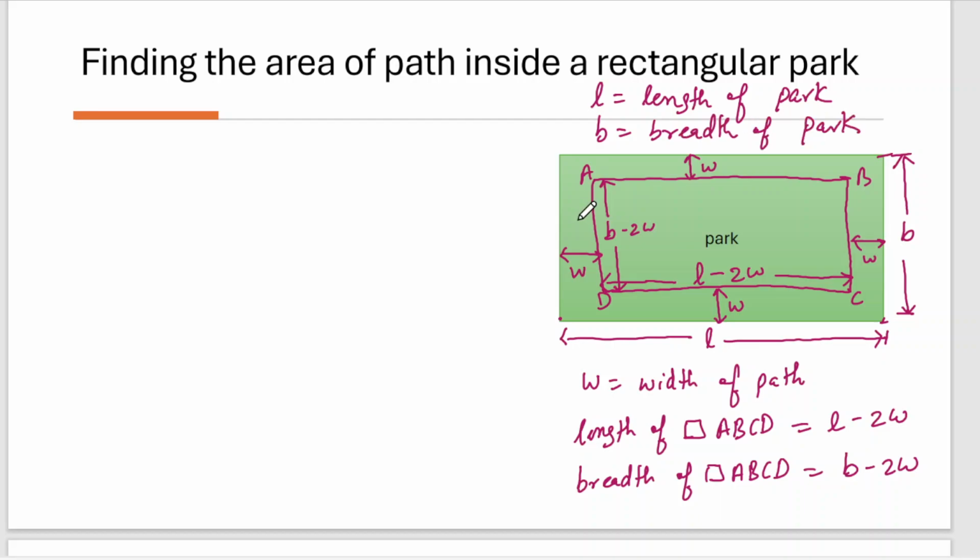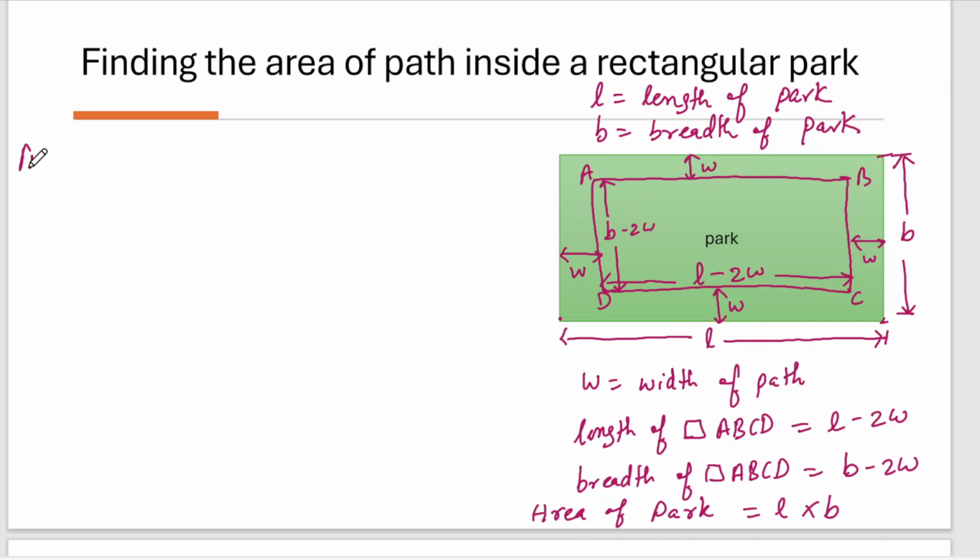Okay, that means what is the area of the rectangular park? So we can say area of park equals length into breadth. Okay, now we are going to use all these data to find the area of path.